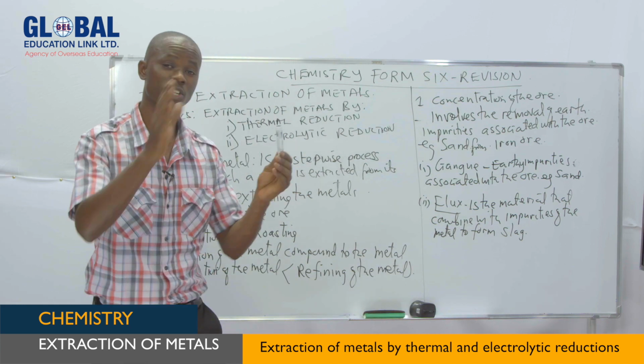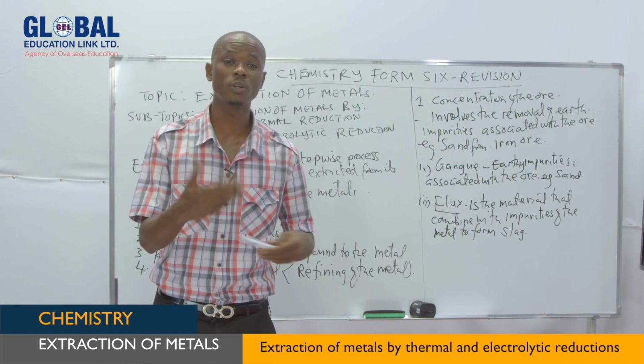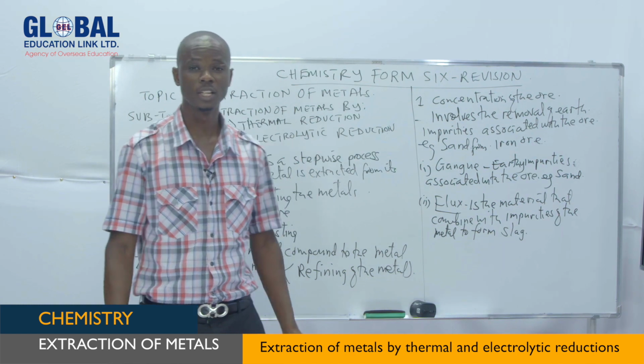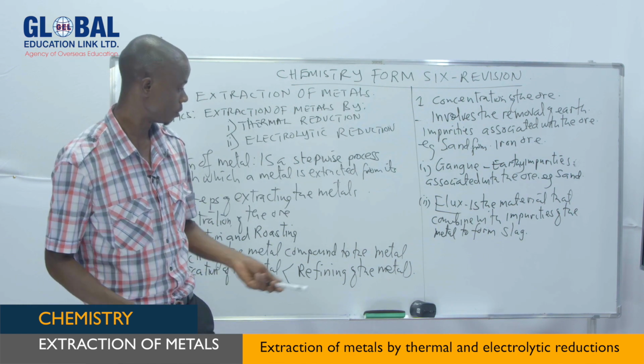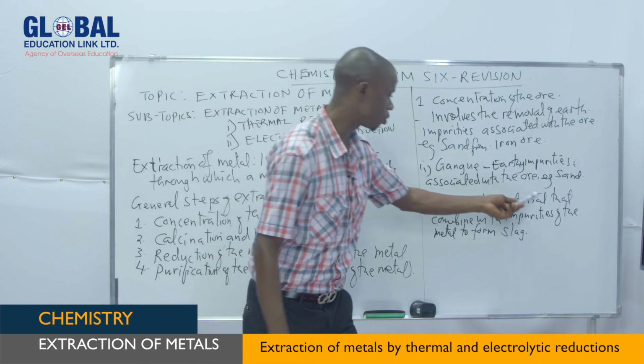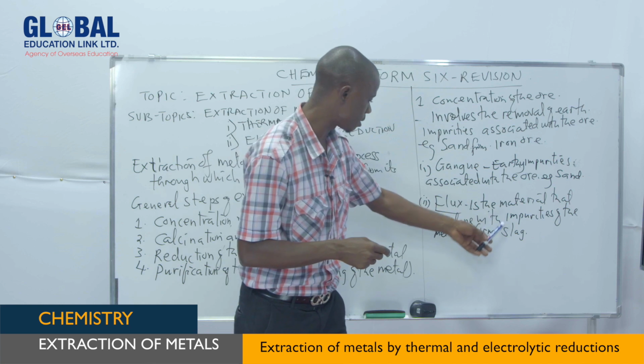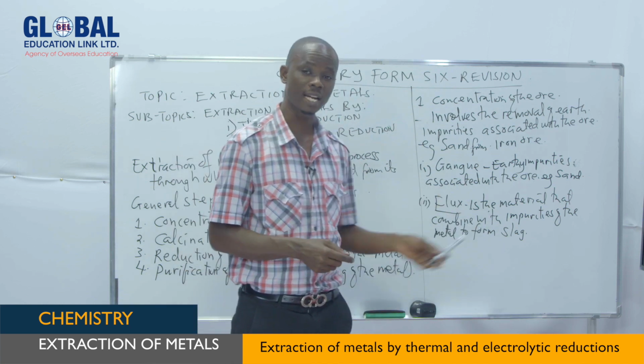So after the metal is extracted, sometimes it can be contaminated with impurities or other metals that are not wanted. So we remove them. So flux is the material that is added to react with the impurities from the metal to form the slag.